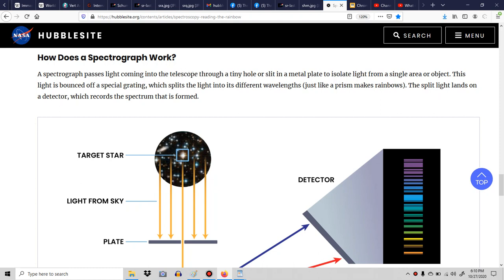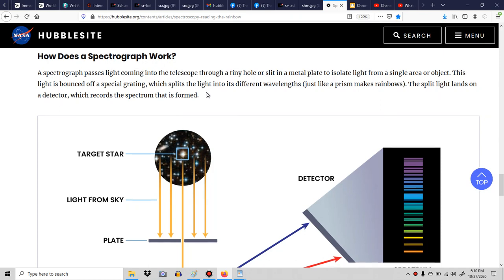I think I've shown a picture of that, and we'll get into it again at some point. The light passes through a tiny hole or a slit in a metal plate to isolate light from a single object or area. This light is bounced off a special grating which splits the light into its different wavelengths, just like a prism makes rainbows. The split light lands on a detector which records the spectrum that is formed.